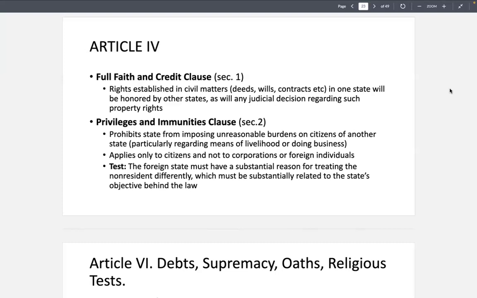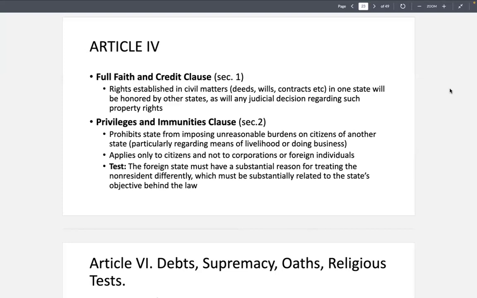The Privileges and Immunities Clause is contained in Section 2 of Article 4, and that prohibits states from imposing unreasonable burdens on citizens of another state. So maybe for instance, we're all citizens of Texas, right? We live here.